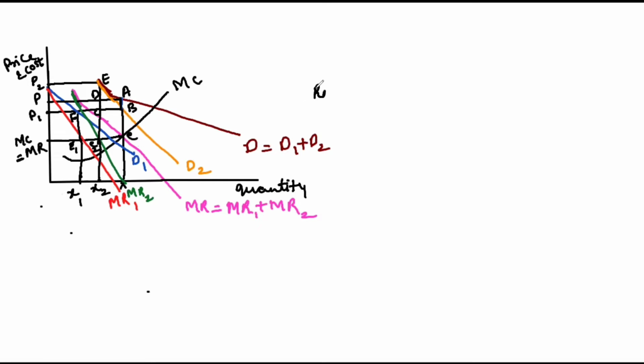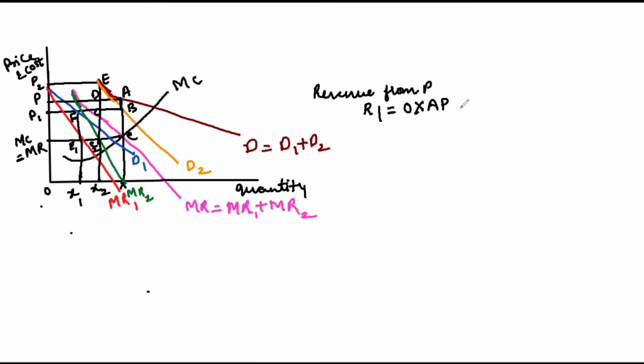So revenue by charging P, or I am simply writing R1 in this case, is this whole portion OXAP. So this whole portion OXAP represents the revenue earned by the monopolist.